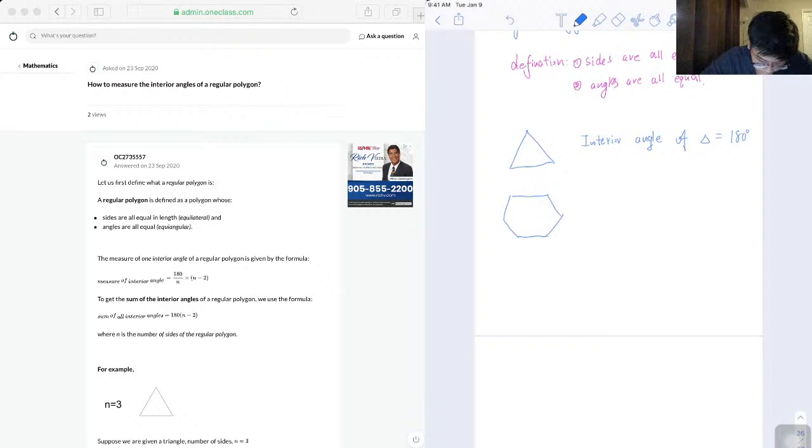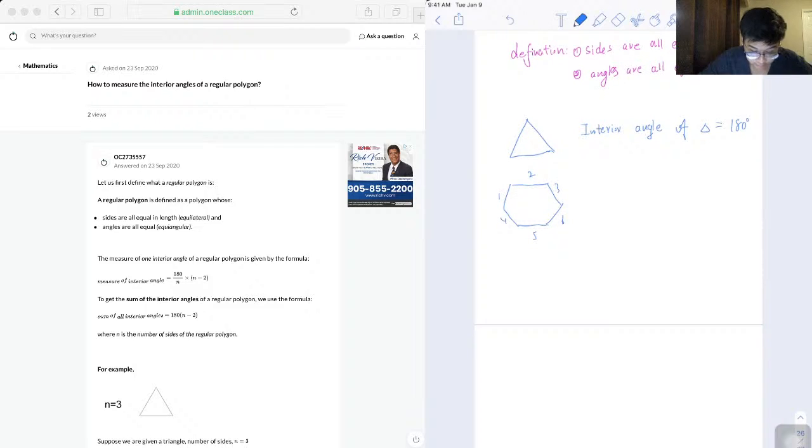Right. So it has 1, 2, 3, 4, 5, 6 edges. And so in this case, when we want to calculate the interior angle sum for the hexagon, we can first divide it into 4 triangles. So it should look like this. That's going to be triangle 1, triangle number 2, triangle number 3, and triangle number 4.